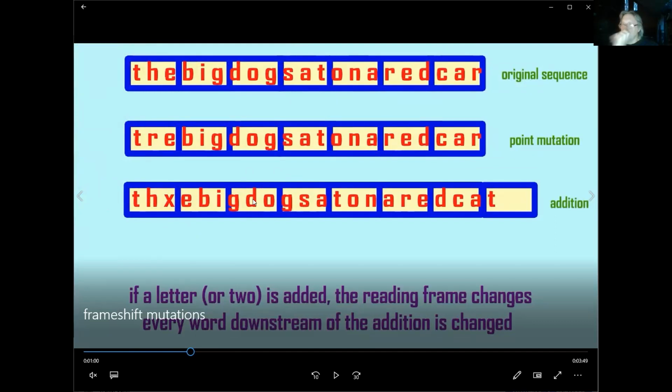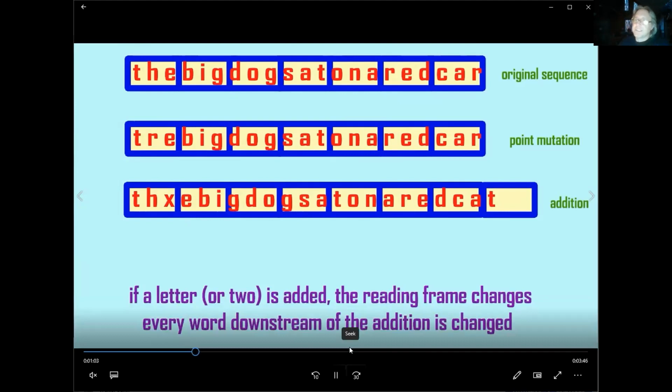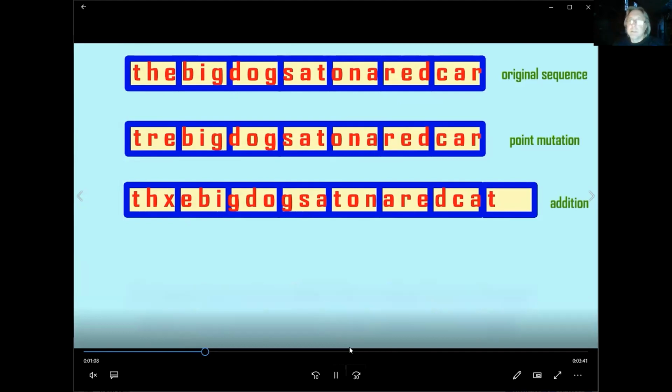And if I were to read it looking for 3-letter words, I would now read thx, ebi, gdo, gsa, tan, ard, aka. So that didn't just affect one word, it affected all of the subsequent words downstream of that. It altered the reading frame. And so therefore that's a much more serious effect than the point mutation, which occurred first.